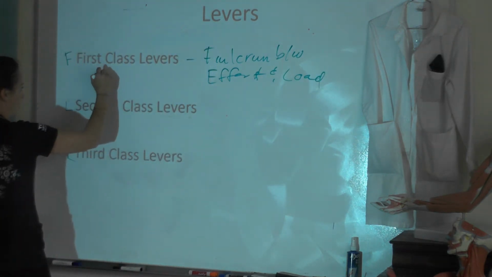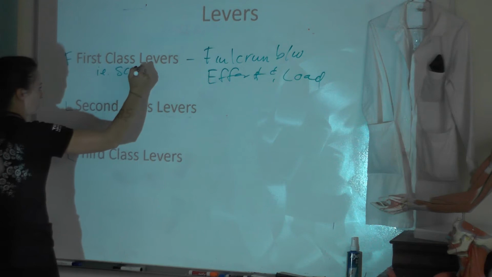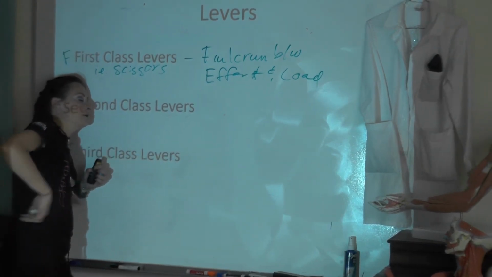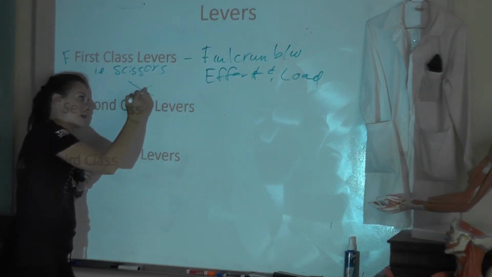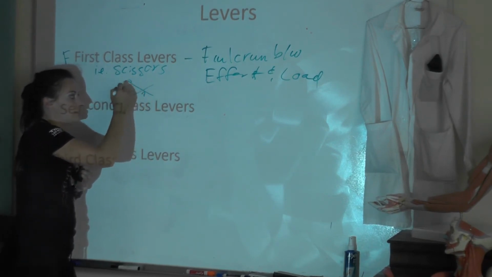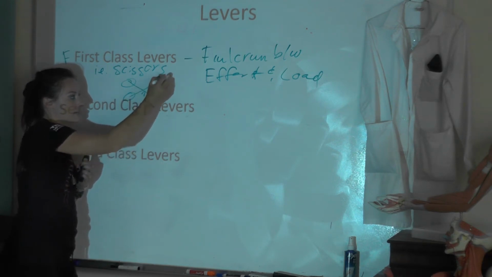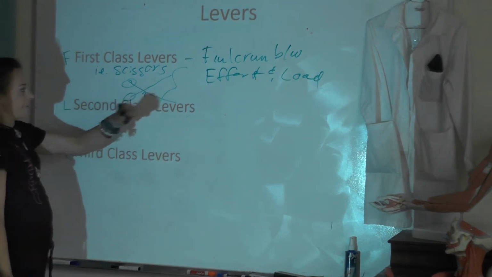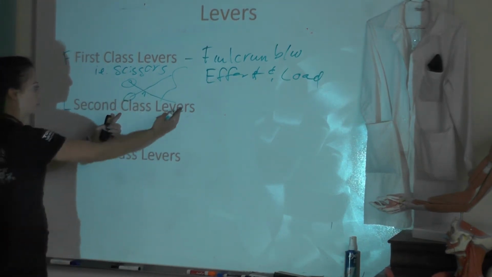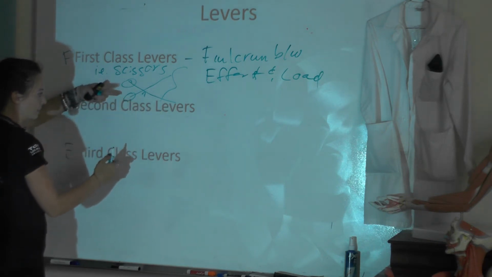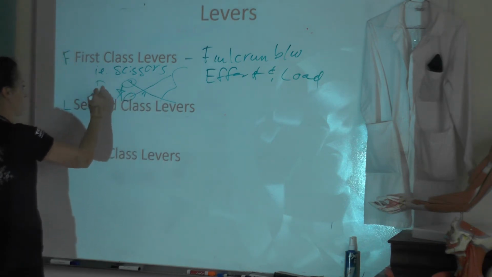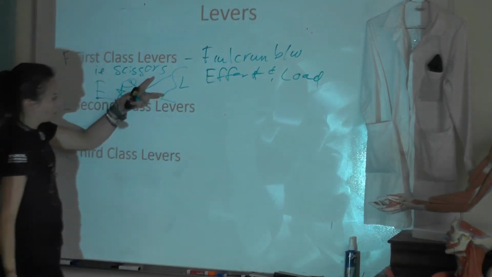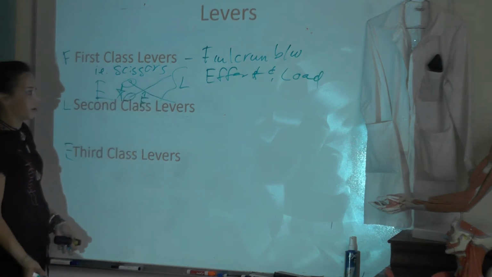So which is each part? The fulcrum is right here, the screw. Let's say these are the handles, and this is the hair I'm cutting. The effort is right here. So here's my effort, here's my fulcrum, and here's my load, the weight of the scissors and then that hair.